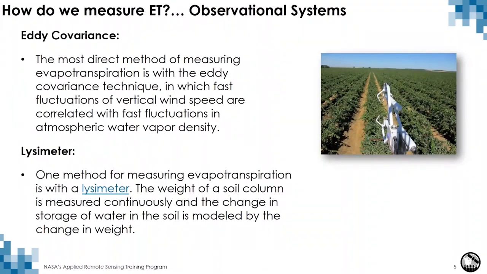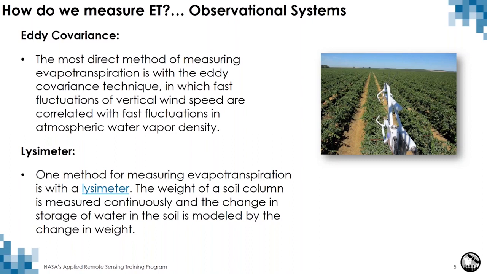So I wanted to go through the next couple of slides talking about how we measure ET in a couple of different ways. First off, we have ground-based methods for measuring evapotranspiration. The two main ones are eddy covariance. These are instruments that are put on towers over a field, over an area where you would like to understand the dynamics of evapotranspiration.